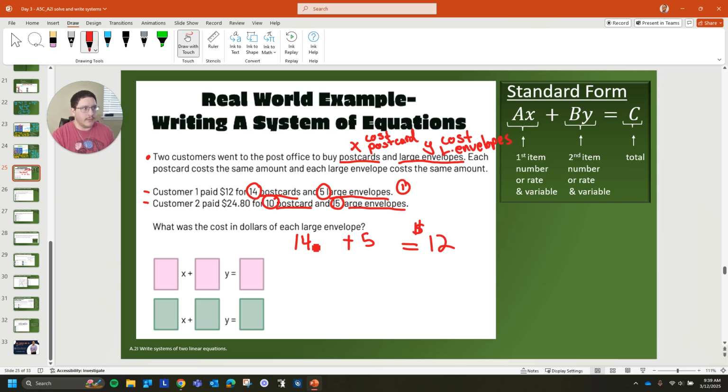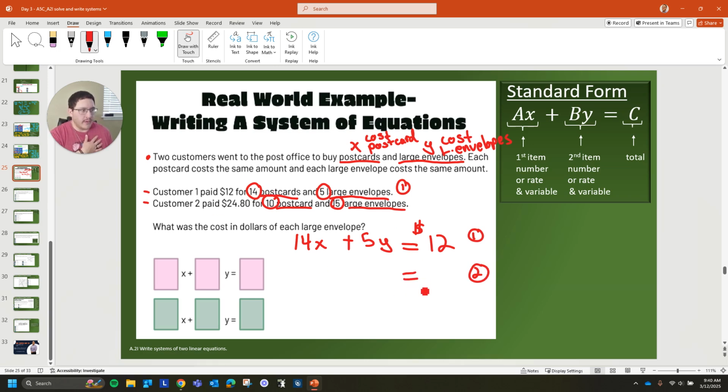So this is 14 postcards, and X represents the cost of each postcard, and then 5 large envelopes, and Y represents the cost for each of those envelopes. So 14x plus 5y equals 12. That's the first equation.